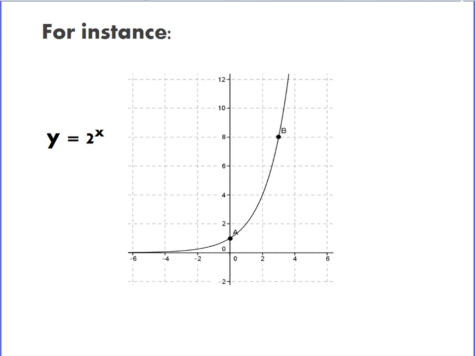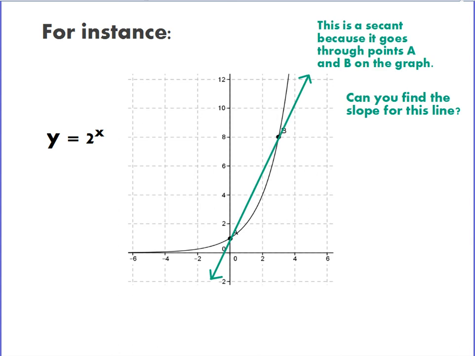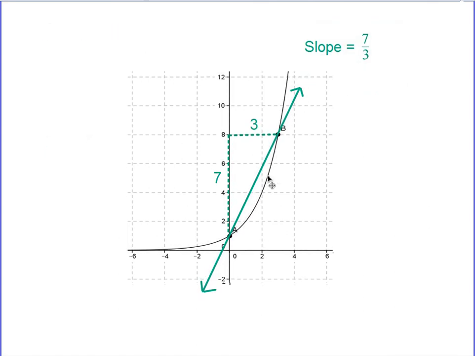If I draw a line through points A and B, that becomes a secant line. And it's very simple for me to find the slope for the green secant line. From point A to point B, we go up 7 units and to the right 3 units, giving us a slope of 7/3. But what if I was talking about a different set of points?